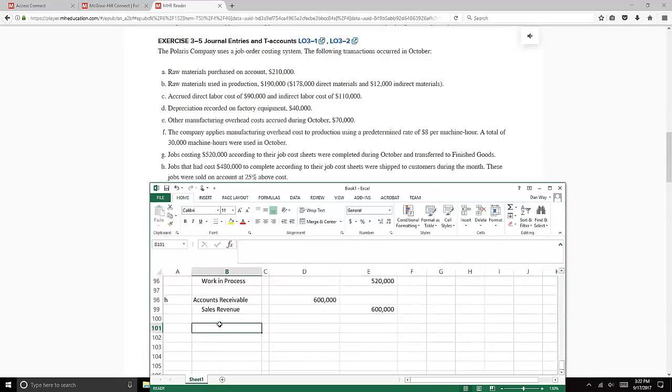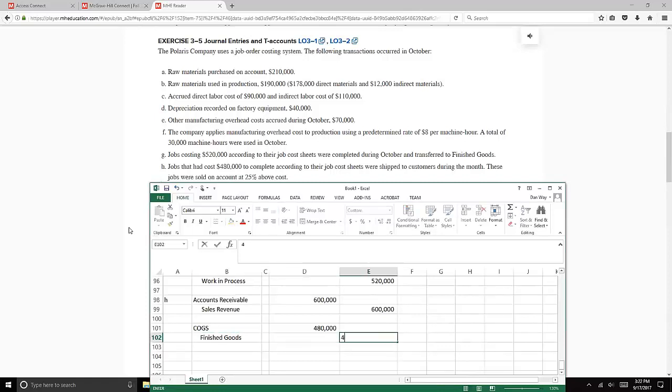The second entry needs to update our inventory. So debit cost of goods sold, and this time we want to make sure our debit is for the cost to us, $480,000 as given there. And then our matching credit this time is finished goods.